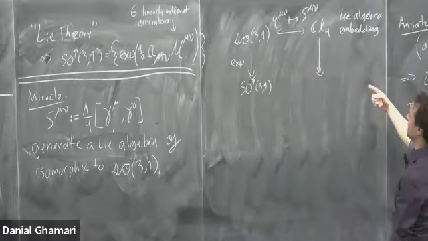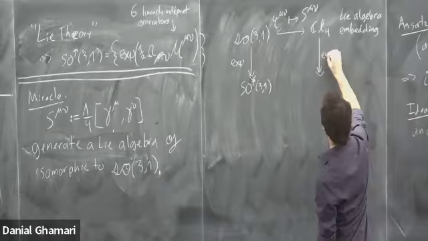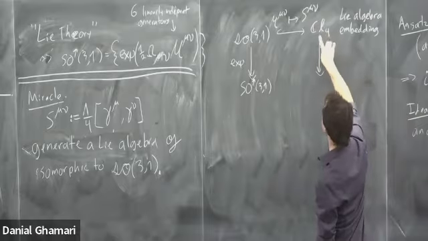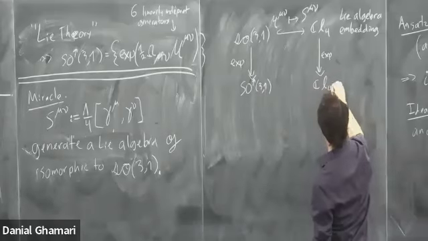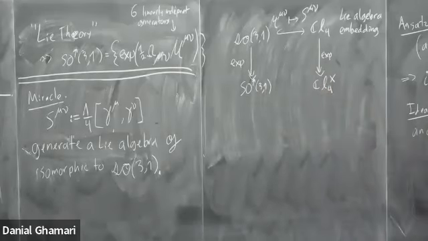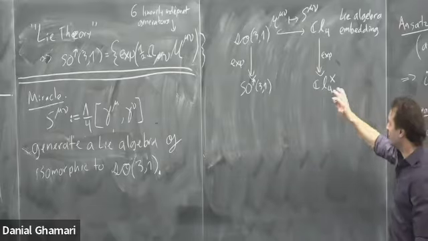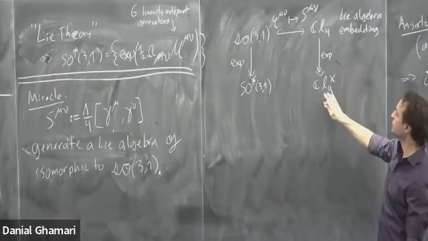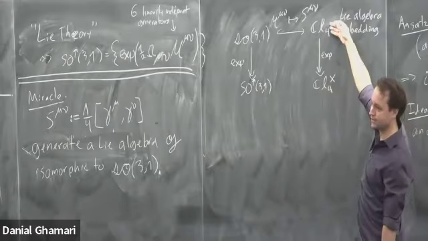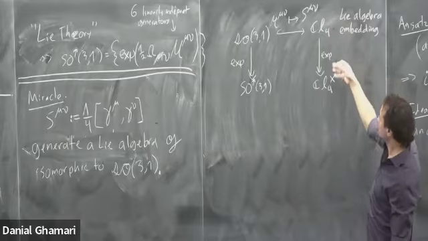This is something I didn't mention at all, but it is true: for every Clifford algebra, its exponential map lands on the Lie group of multiplicative, what am I trying to say? The multiplicative group of invertible elements of the Clifford algebra is a Lie group, and its Lie algebra is the Clifford algebra itself. So that's very important.